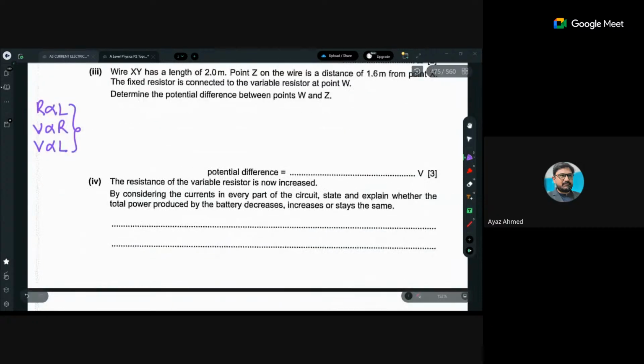So is this clear to all? There is a logic behind that. I have to fix your concept and then I will move on. Is this point clear that resistance is directly proportional to length, and voltage is directly proportional to resistance? It means voltage is directly proportional to length. So total voltage is directly proportional to total length, and the voltage between Z and Y is directly proportional to the length between Z and Y. Do you people agree with this logic or not?